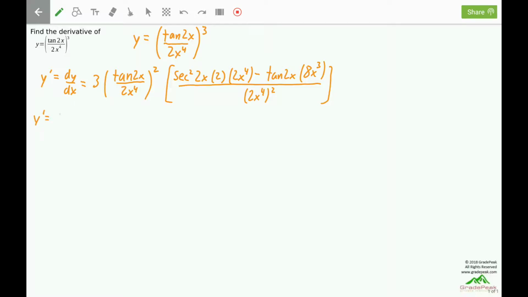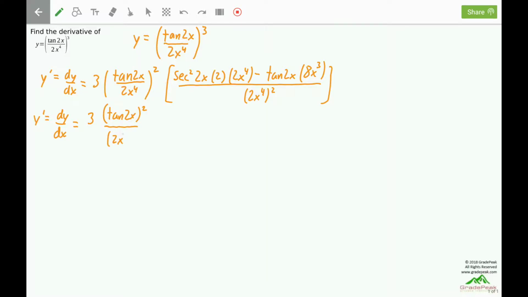So y prime, or dy dx, will be 3 times, now we're going to break this quotient squared into the numerator squared and the denominator squared. So we'll have the tangent of 2x squared. We can call it that tan squared of 2x if we want.